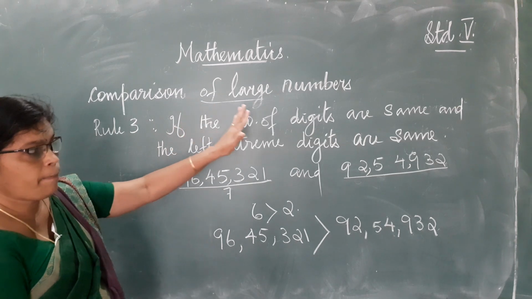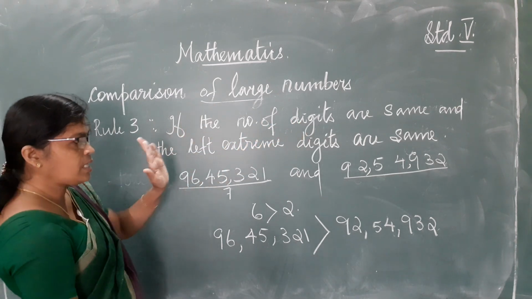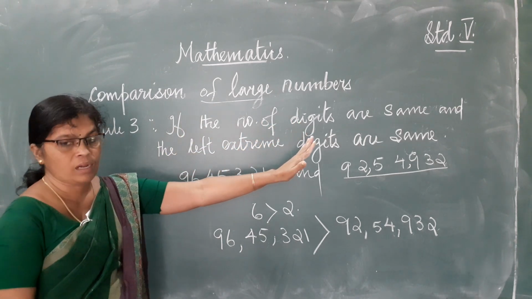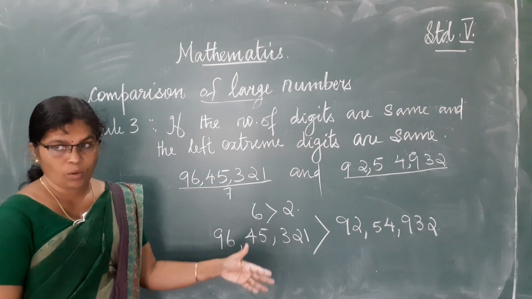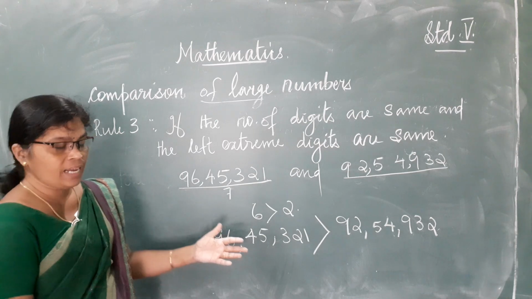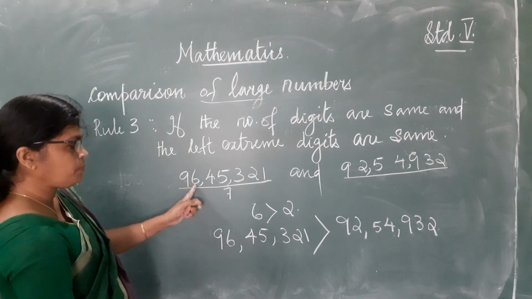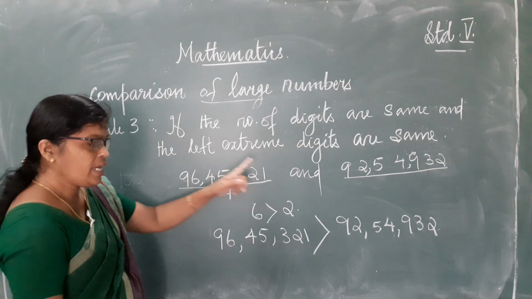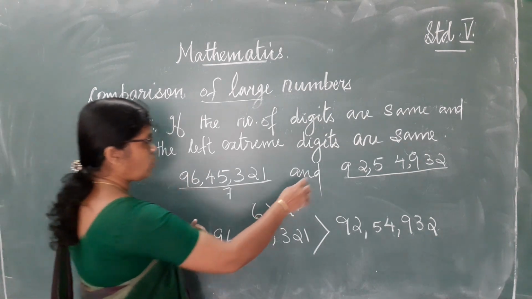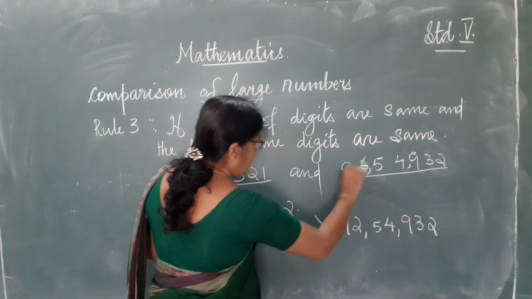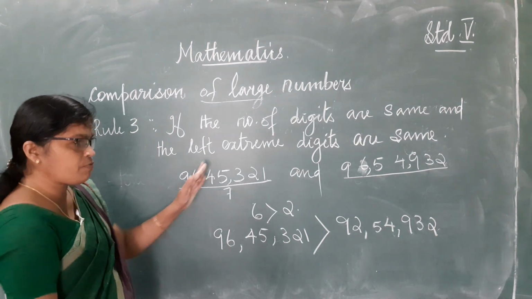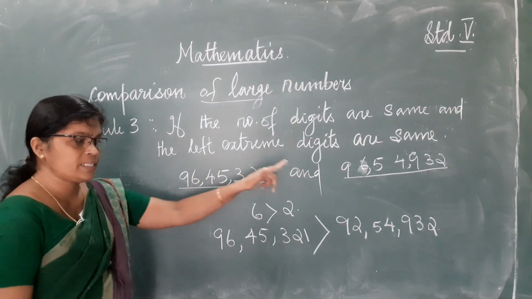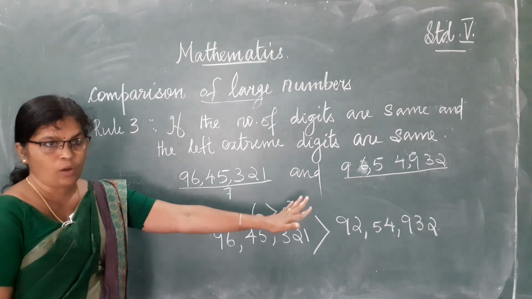If the number of digits are same and the left extreme digits are same, what do we have to do? Now children, another case: again the left extremes are same, 9 and 9. Again if it is 6 and here also it is 6, then how to compare the numbers? Next case. Here also left extremes are same, and we move to the next digit, they are also same.